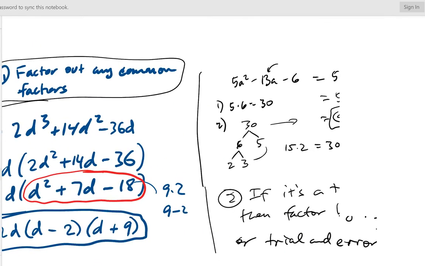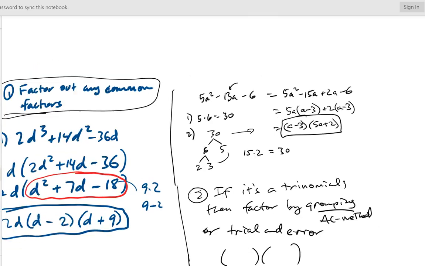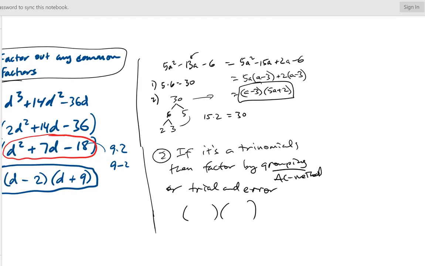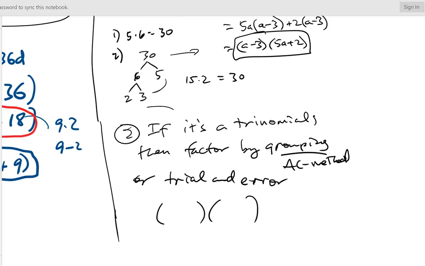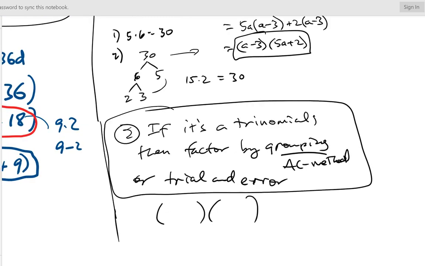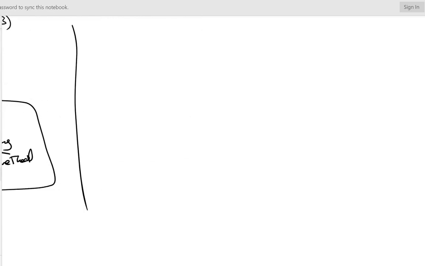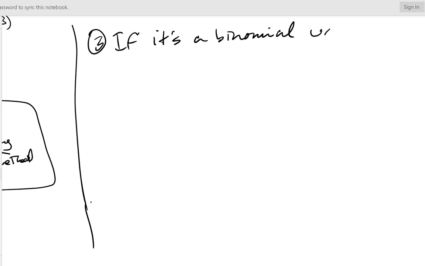So now, number 1 said factor out any common factors. Number 2 said if it's a trinomial, you do this. Number 3 says if it's a binomial, okay, use one of these.